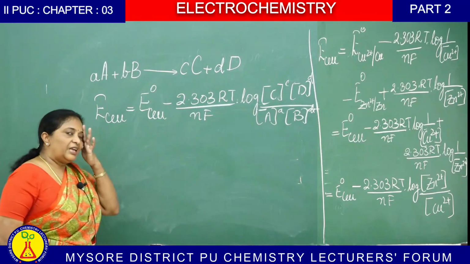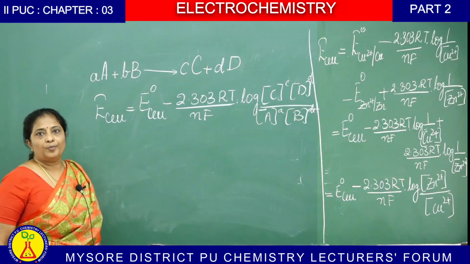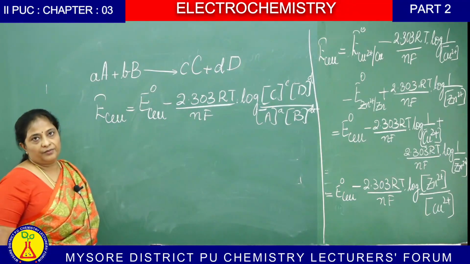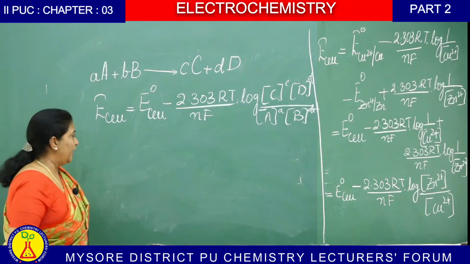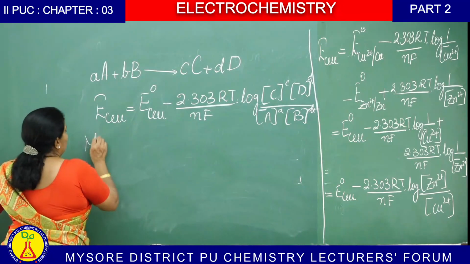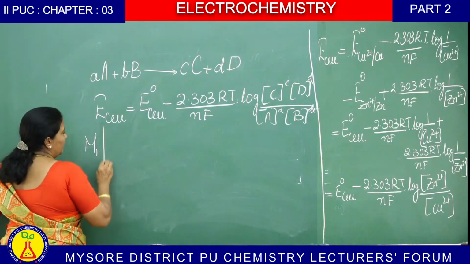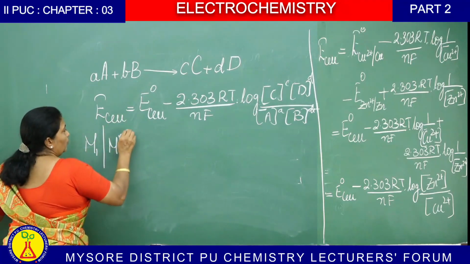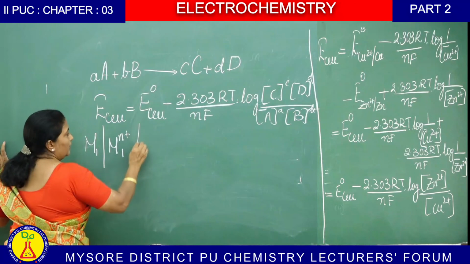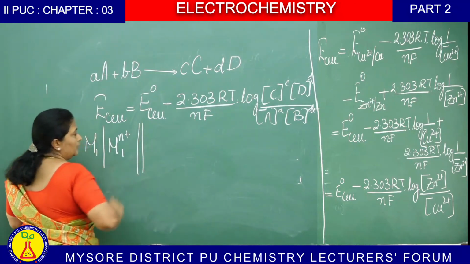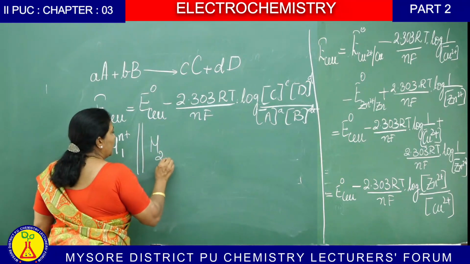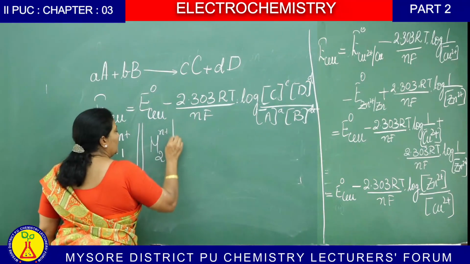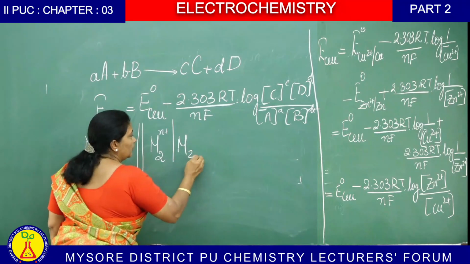Now, let us take a more general example here. Suppose we have a Daniell cell which has the anode metal M1 giving M1 n+, separated by a salt bridge, and a cathode M2 n+|M2.